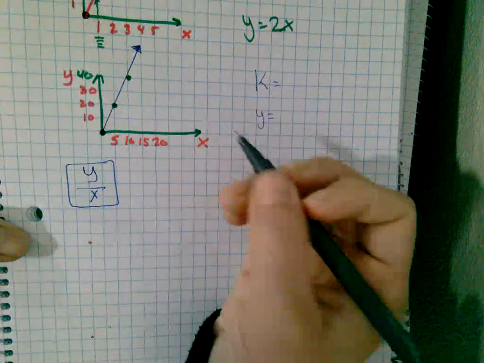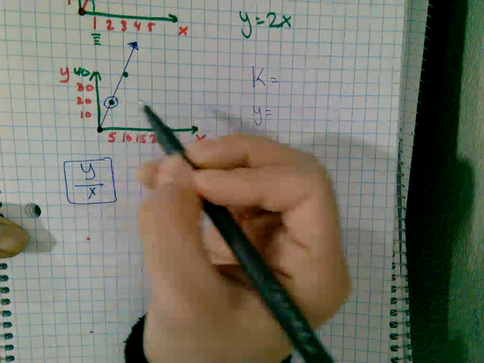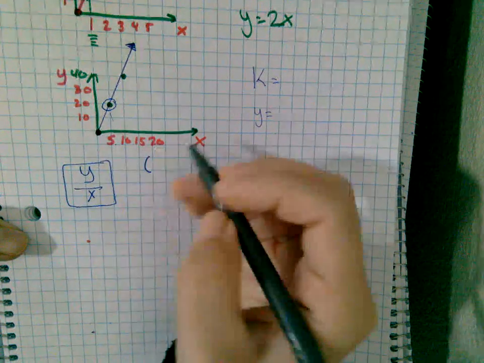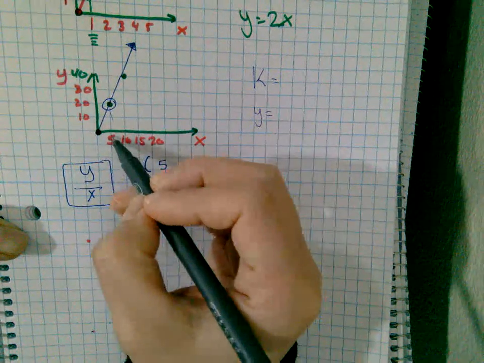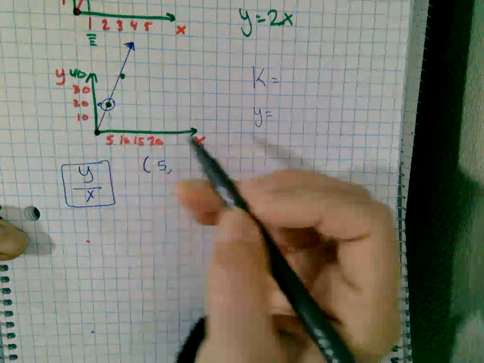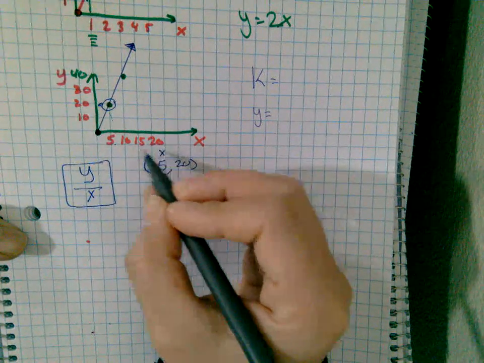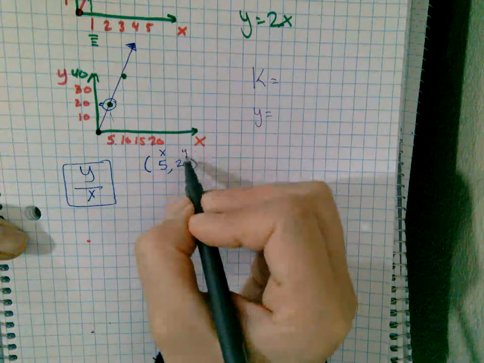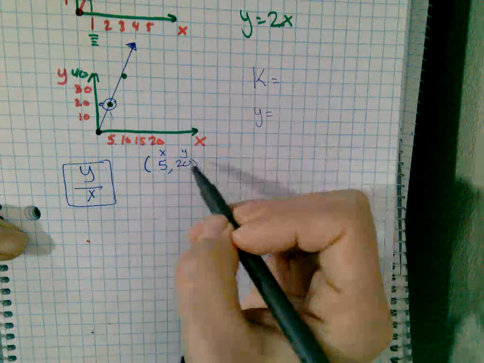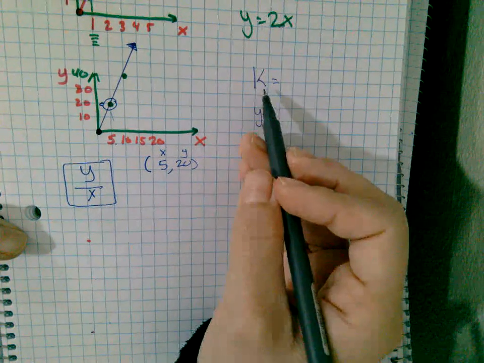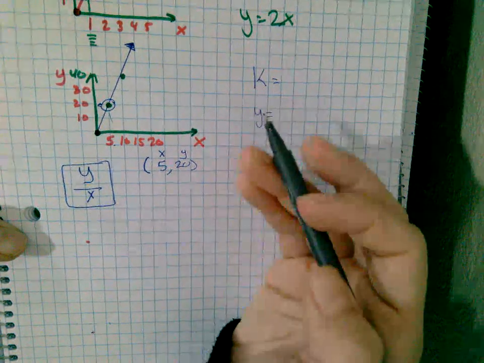So pick a point. Here is a point, right? This point is located at 5, comma, 20, which means 5 is your x, because it's on the x line, and 20 is your y. So I'm going to use this point to figure out what my k is, because they don't give me 1, and I'm pretty upset about it.